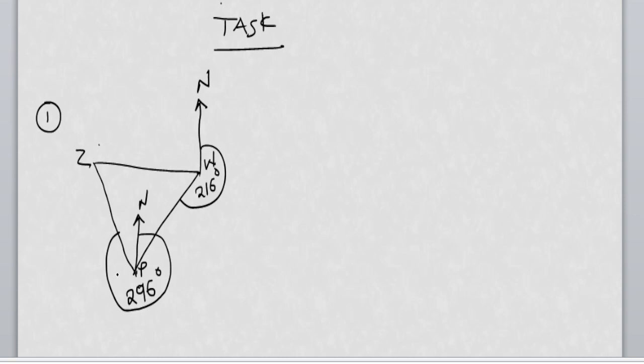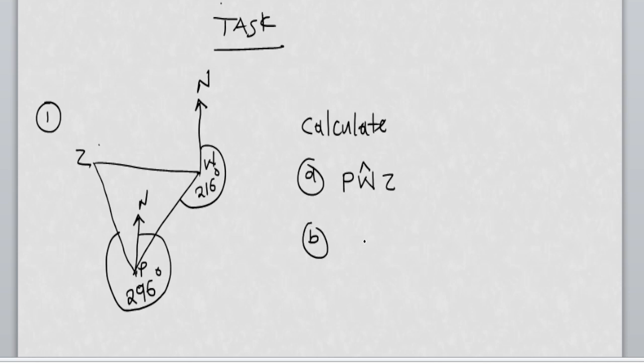Now what I want you to find is the following. Calculate, A: you calculate the angle PWZ, so you're calculating the angle at W. The second one, you find the angle at P, so WPZ.